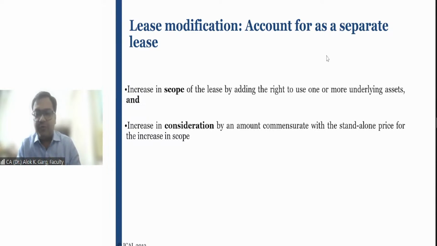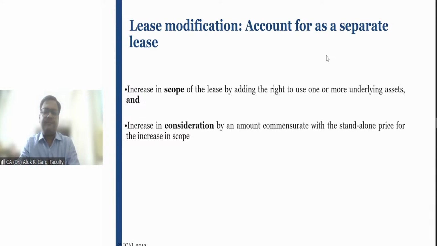If your future rental is increasing or decreasing, of course it will impact your right of use asset and lease liability, because earlier you had the lifetime lease rental on the basis of the original terms and conditions. Now you have to revisit the new terms and conditions. Your lease liability and ROU asset will undergo a change.